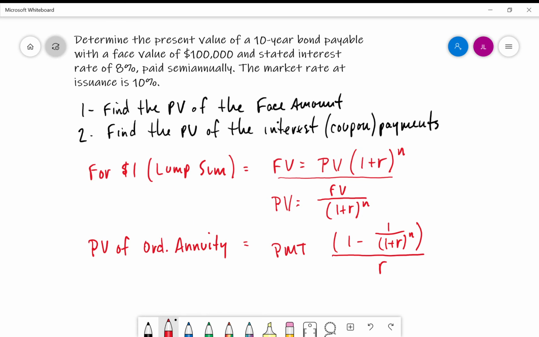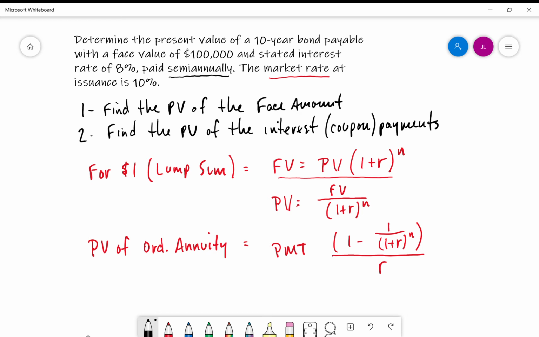At this point, to calculate bonds, we're really concerned with the market rate. That's what we want to look at, and we see this being 10%. However, we have to be careful because the interest on these bonds is paid semi-annually.